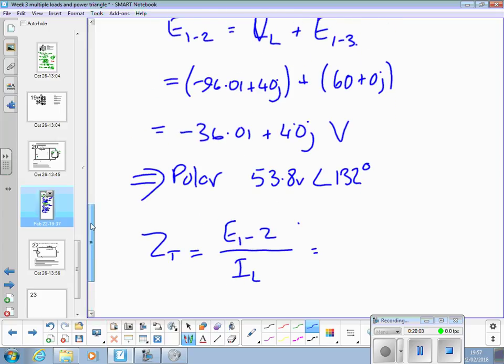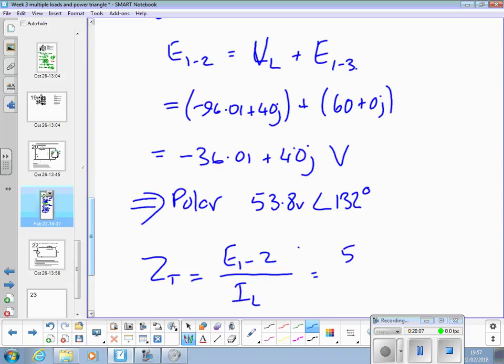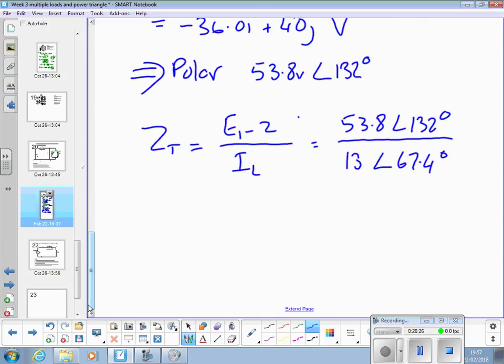So E12 was, I've got to divide that by the current, 4.14. Angle of what?